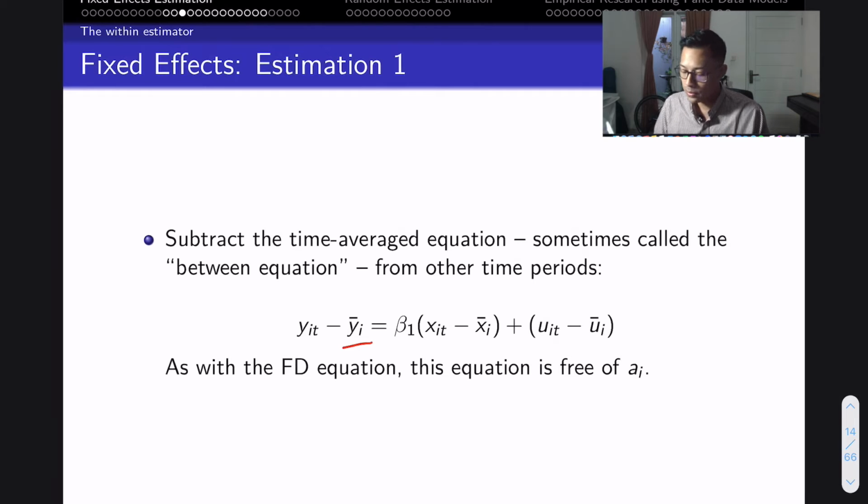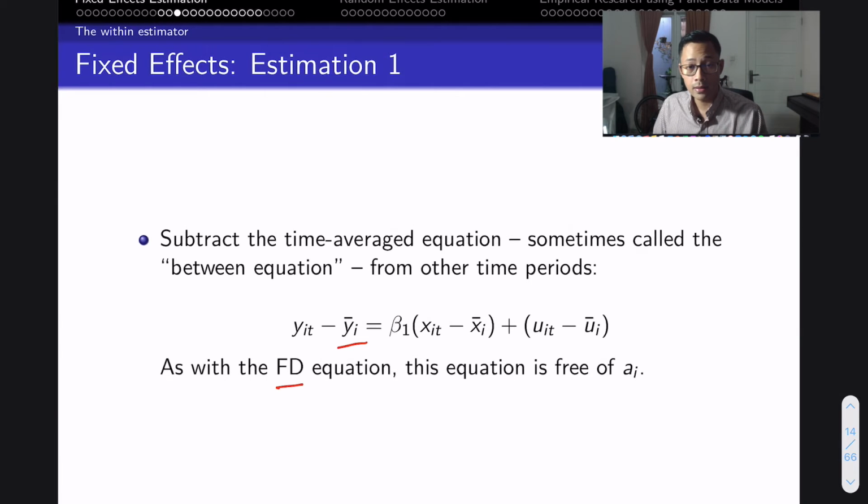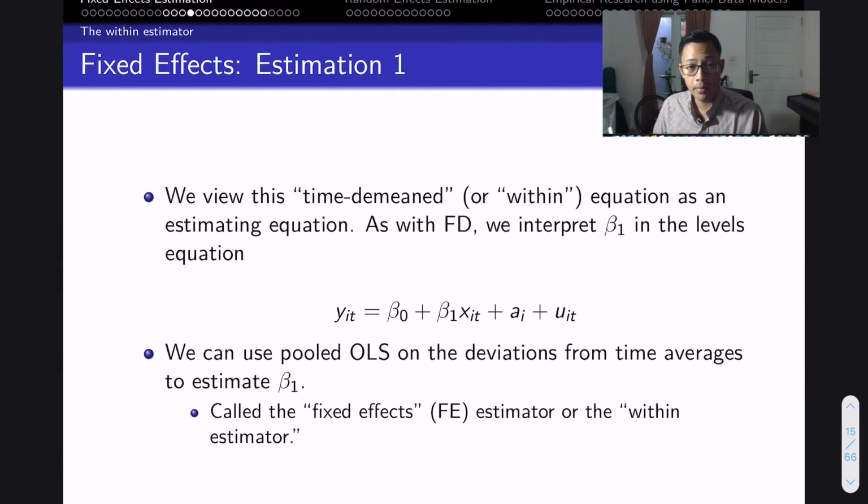Now, as with the first difference, we can interpret beta 1 in the levels equation like the following. Suppose that the left hand side variable is the log of wage, and x is the years of schooling, then we can interpret beta as the return to education.